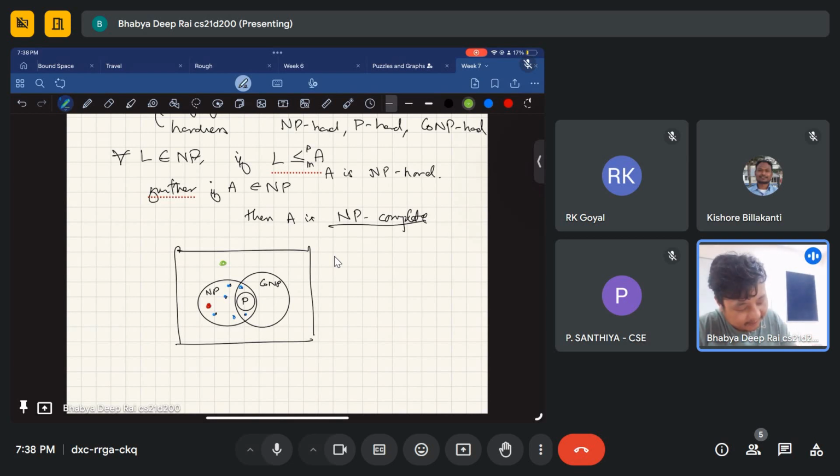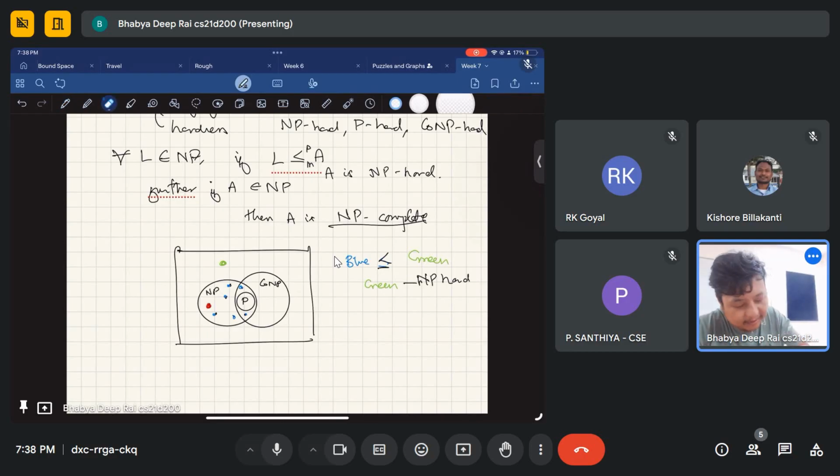If blue reduces to green, then green is NP hard, since everything in NP reduces to green.